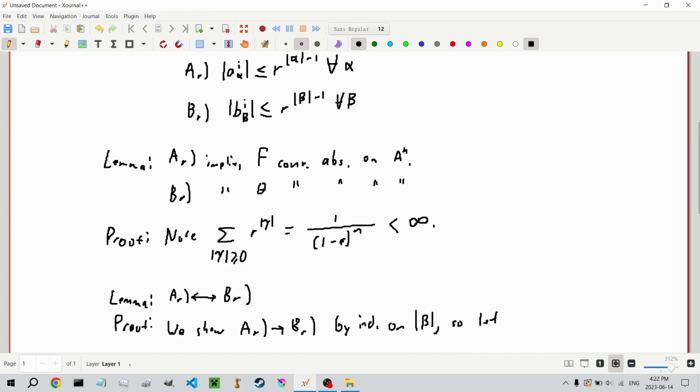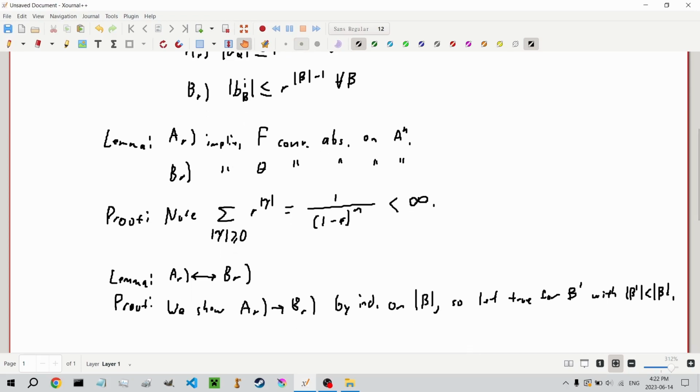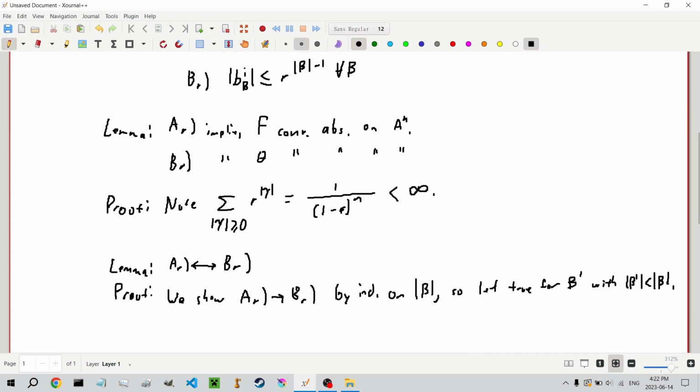So let it be true for beta prime where the size of beta prime is less than the size of beta.